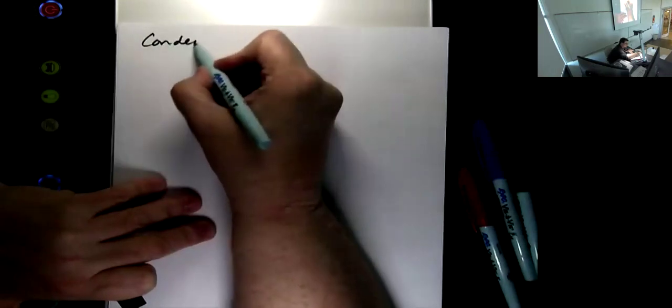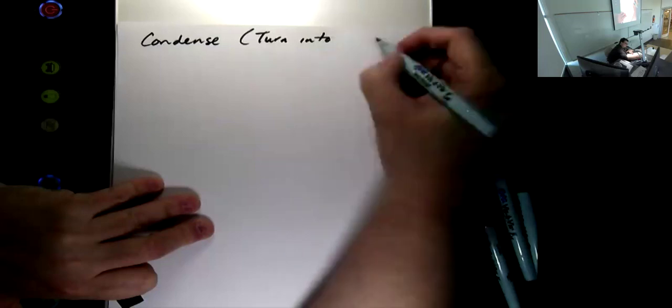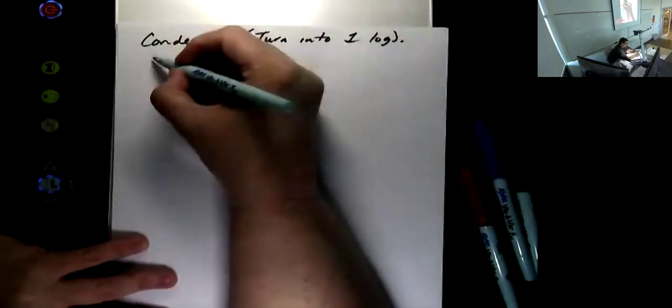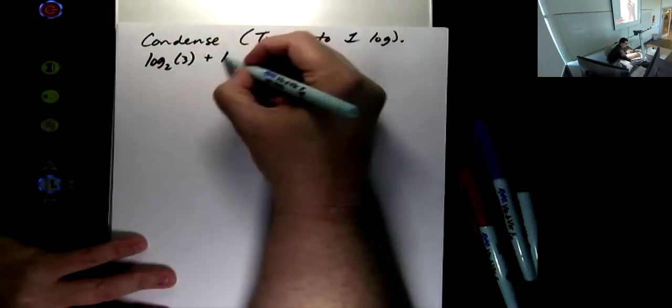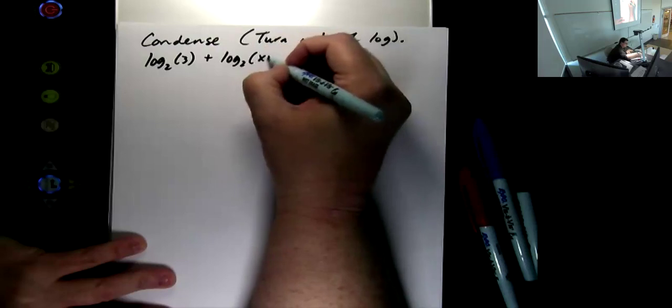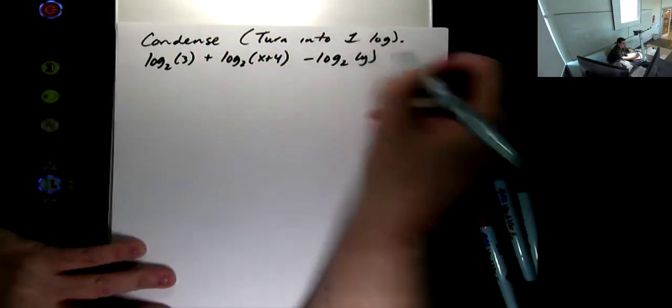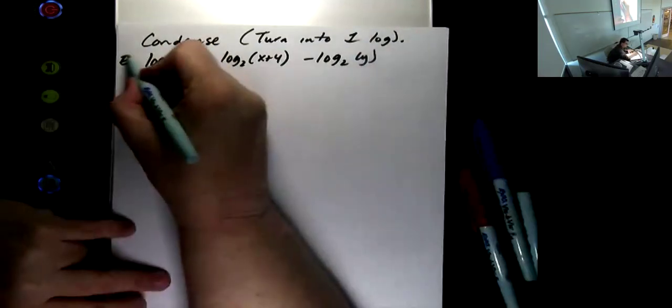So let's practice using this stuff. I'm going to say condense, which means turn into one log. Let's start with log base 2 of 3 plus log base 2 of x plus 4 minus log base 2 of y. So this will be my first example.